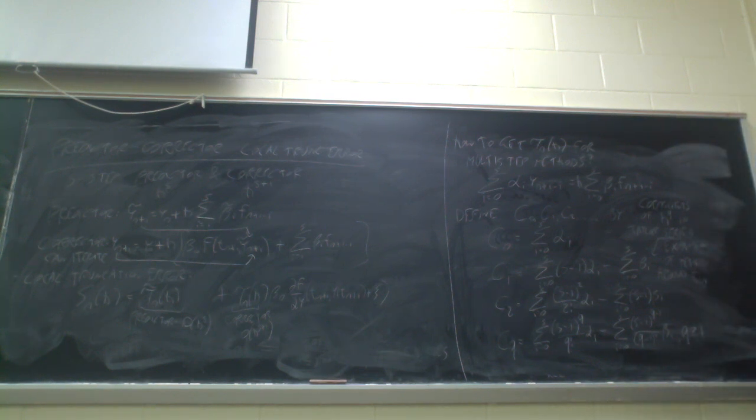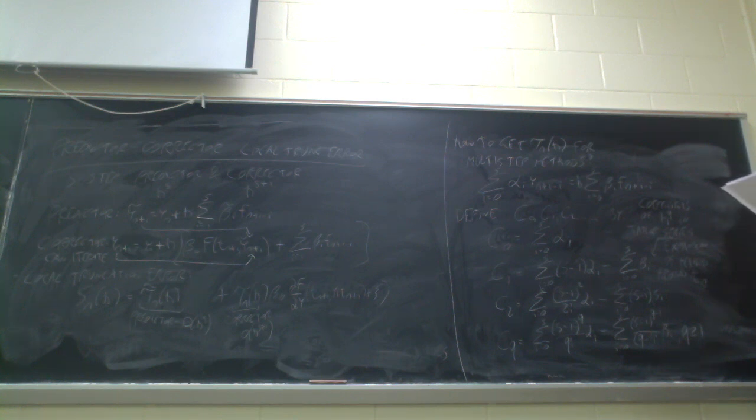All right, so questions about predictor-corrector truncation error. And it is possible to come up with a bound for a global error, like I've done previously for Euler's method, to show that it converges.